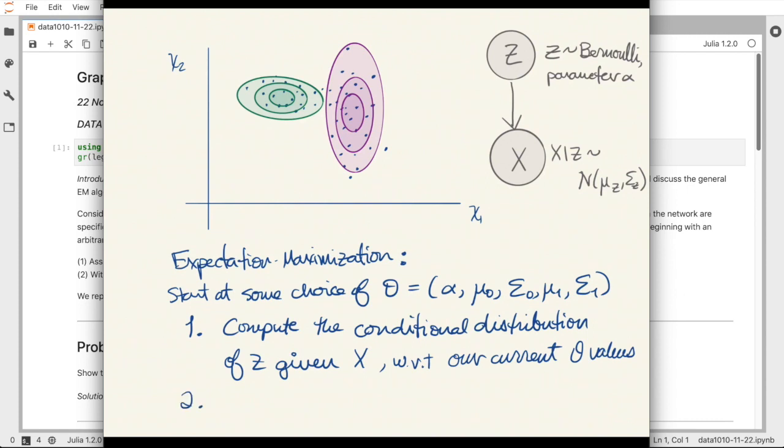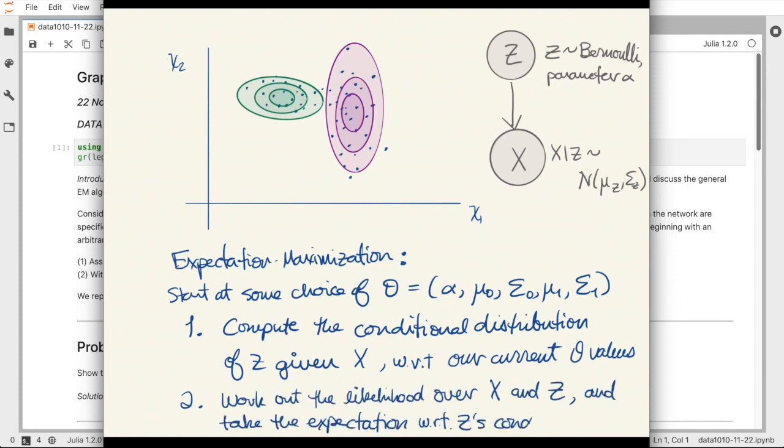However, the second one is going to look different initially, and it's going to take a while for us to close the loop. We're going to work out the likelihood over x and z. So we're going to pretend that we know the z values as well as the x values of each observed point. Except that since we don't, we're going to leave the z values as variables. So we'll get an expression involving some x values, which we can substitute because we know them, and some z values, which are variables, which we don't know.